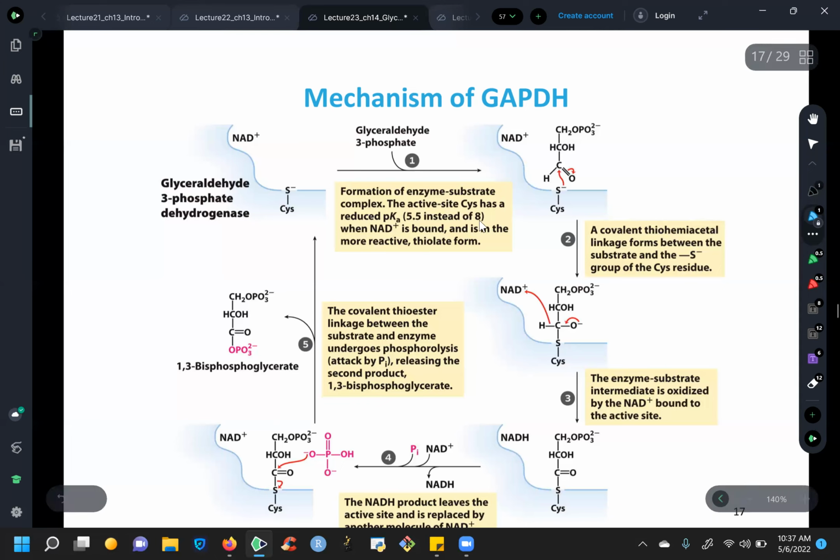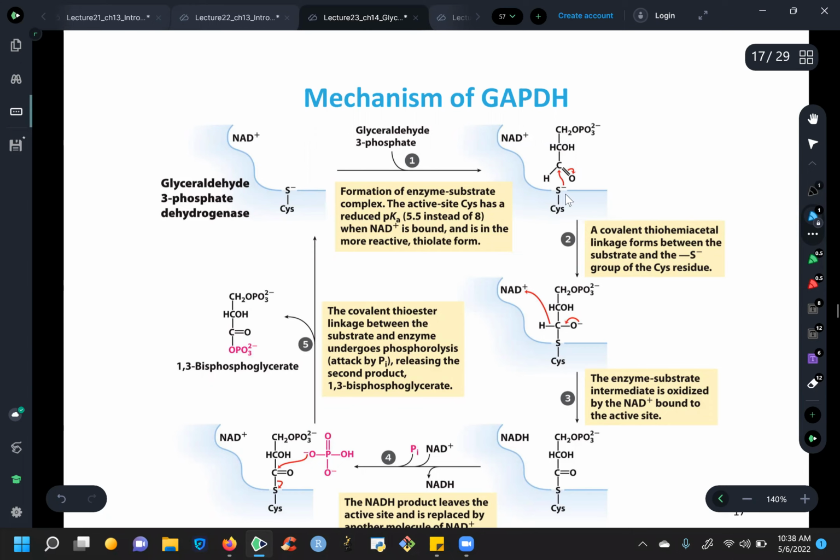Normally cysteine does not donate its proton until the pH is 8. But here, because of its local environment, the pKa has been dropped to 5.5. So at physiological pH, which is like 7, it definitely has donated its proton, and that's why it has an S with a negative. It does not have a hydrogen.